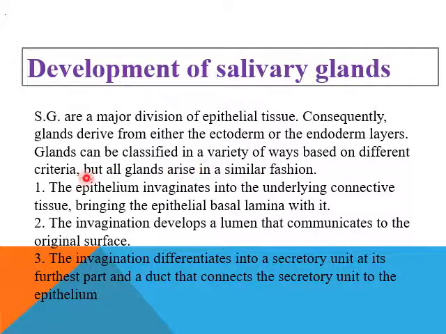The development of salivary gland includes the epithelium invaginating into the underlying connective tissue, bringing the epithelial basal lamina with it. The invagination develops a lumen that communicates to the original surface. The invagination differentiates into a secretory unit at its further part and a duct that connects the secretory unit to the oral epithelium.